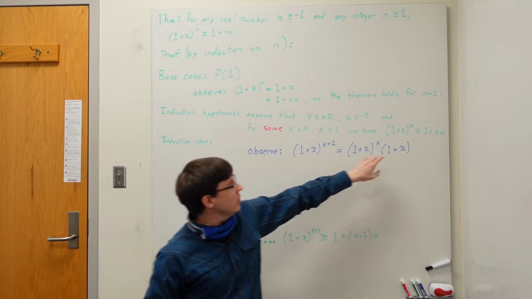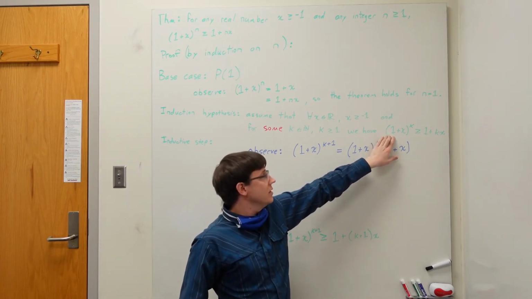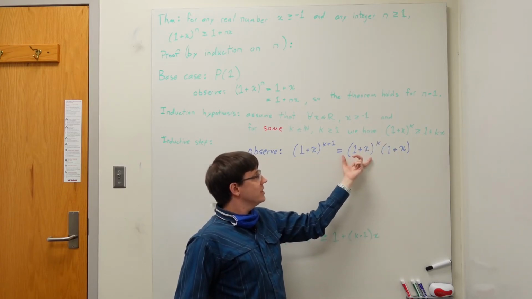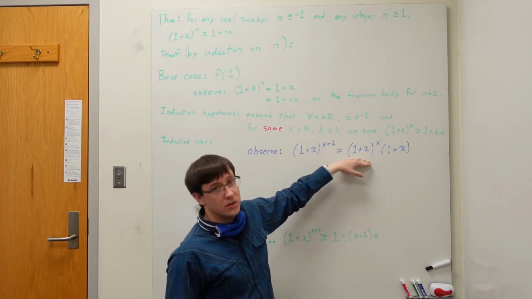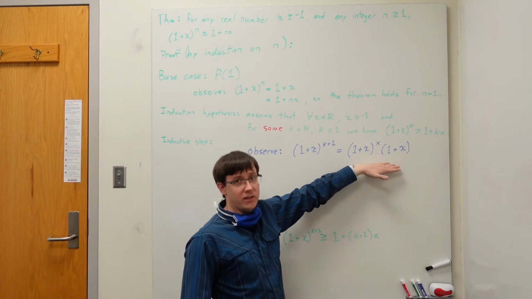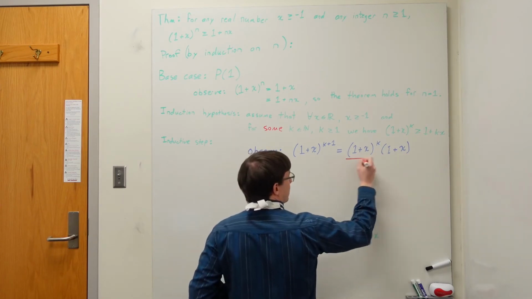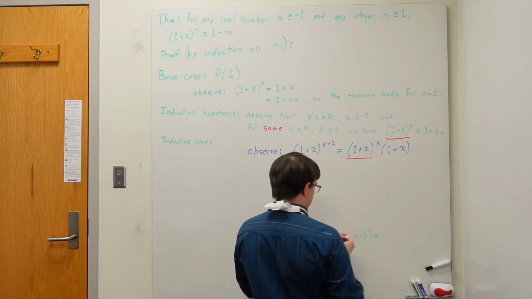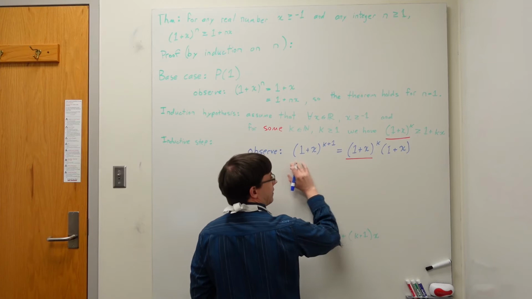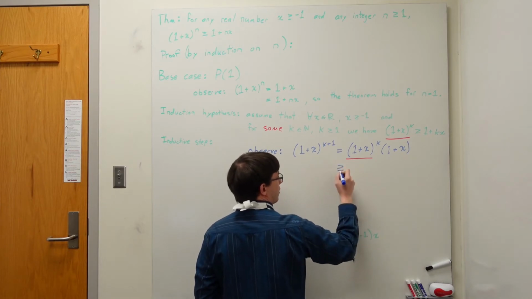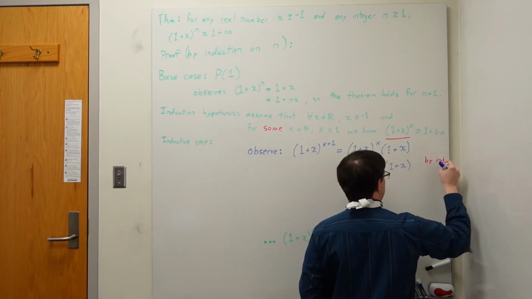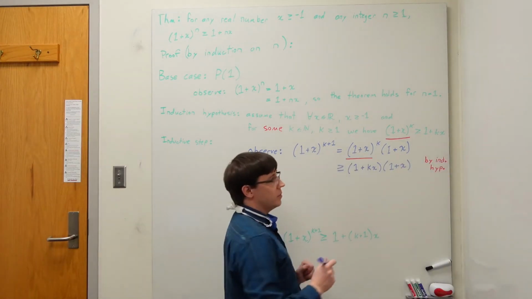And since our inductive hypothesis tells us about (1 plus x) to the k, we can start by splitting out (1 plus x) to the k, and this now gives us something that we can apply our hypothesis to manipulate this equation. In particular, we can substitute. So since this is greater than or equal to that, we then know that our left-hand side must be greater than or equal to this. Now we can simplify.